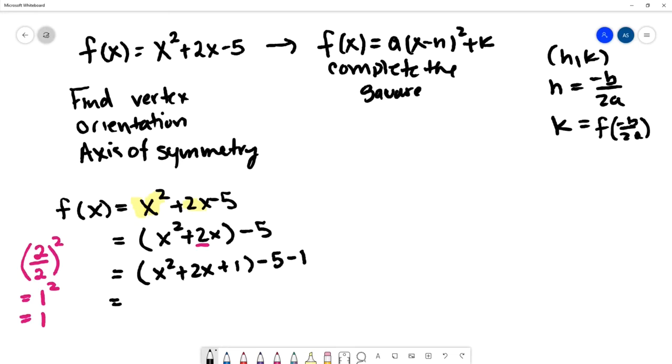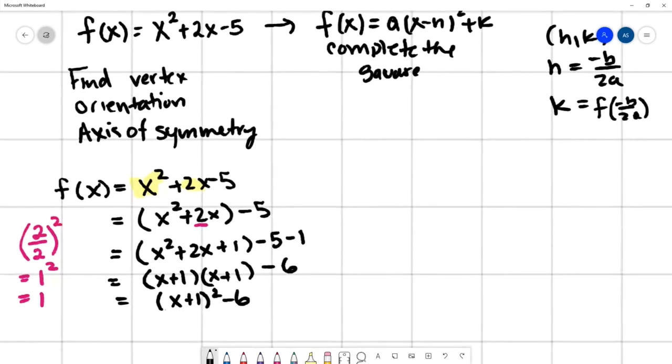Now that I have added and subtracted that magic number of 1, I'm going to factor inside the parentheses, and it should factor to be a perfect square. X times x is x squared. 1 times 1 is 1, and we need pluses here. So we did get a perfect square of x plus 1 squared.